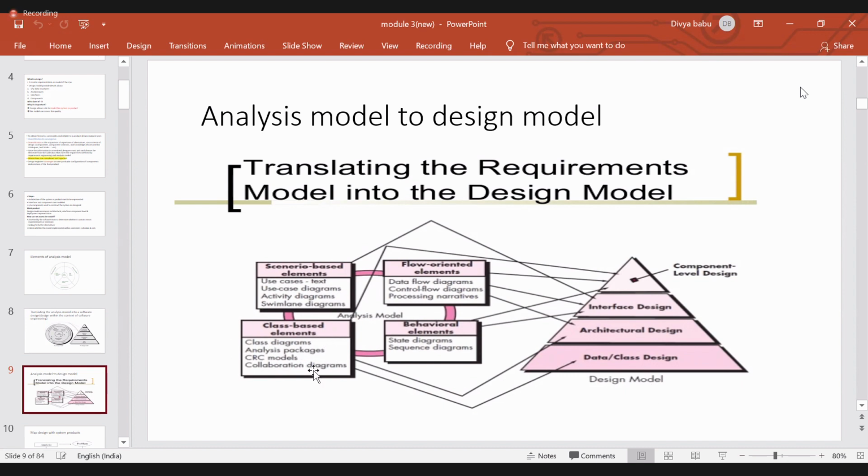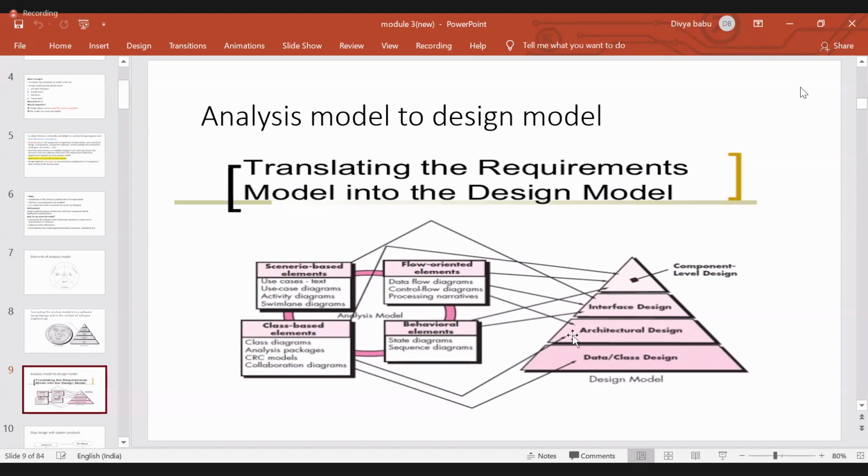How can you convert it? Take this input. For example, for class-based elements like the class diagram, CRC models, and collaboration diagrams, you have to draw them first. From that, you can create the data and class design in the design model, and the architectural design. From the behavioral elements, you can go for the higher level of abstraction, that is the component level, and interface design.